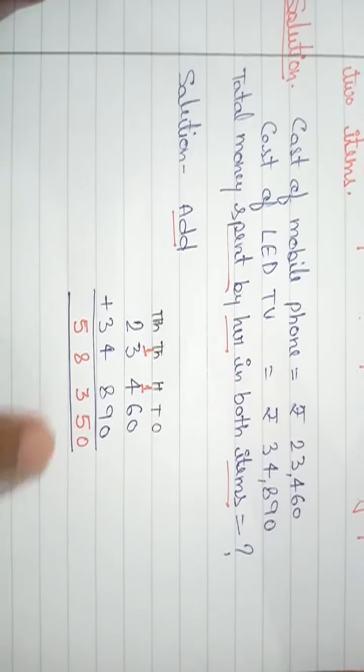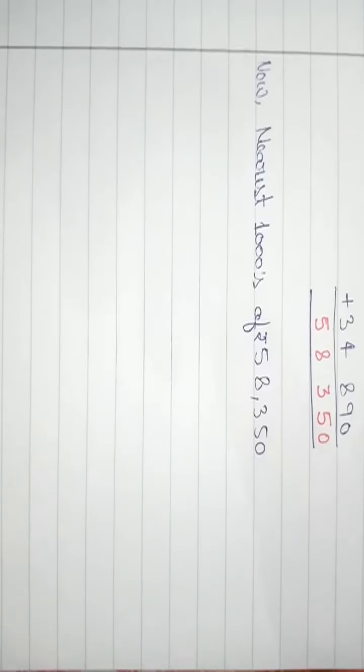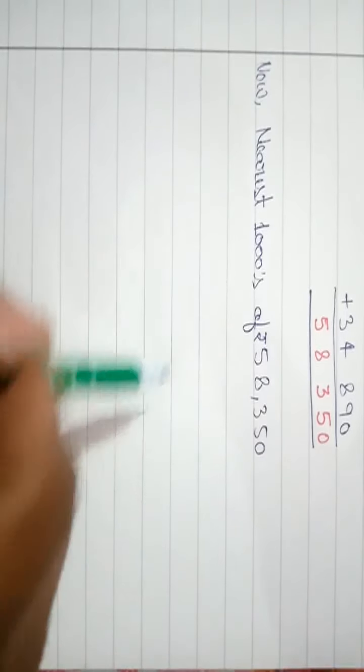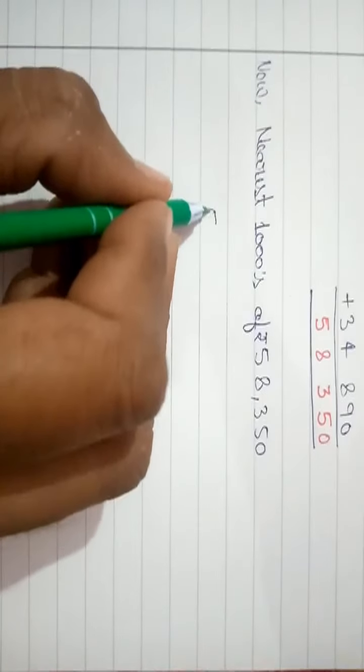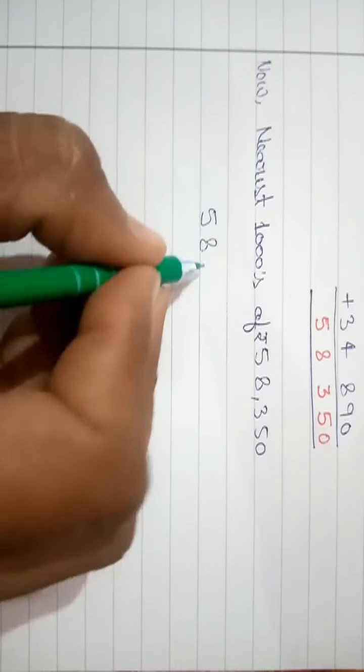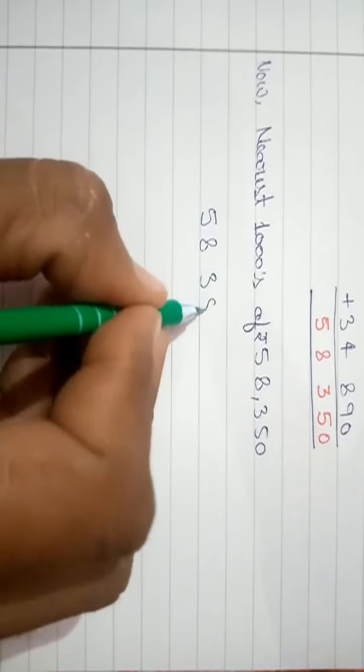Now we will find the nearest 1000 to get the estimated answer. So the nearest 1000 of 58,350. First write our digits: 58,350.